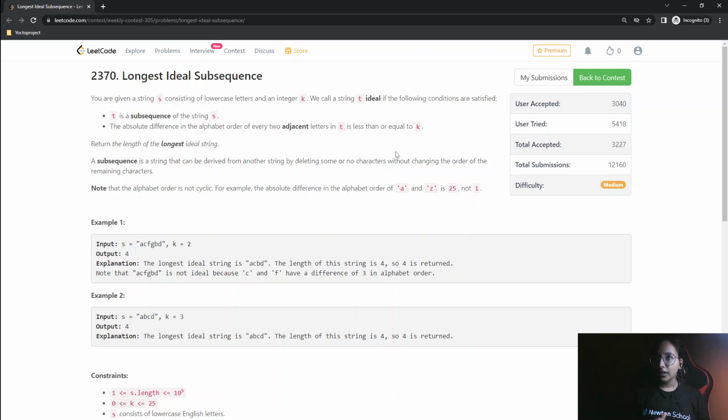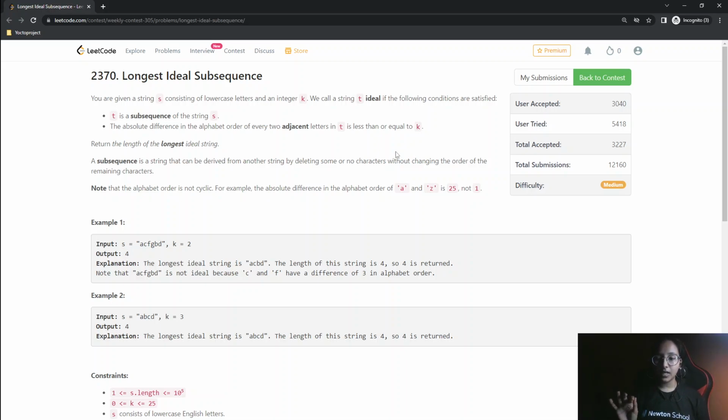What they mean by ideal is that the particular subsequence should be part of the string S, but the second thing which makes that subsequence ideal is that the difference should be less than or equal to k.